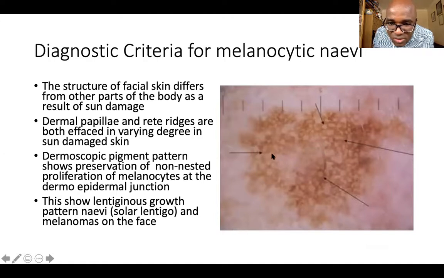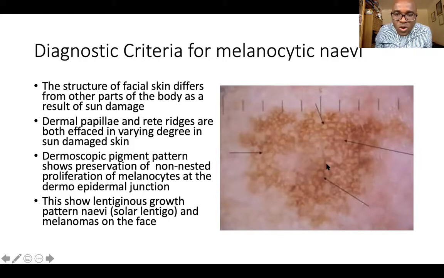So you see all these areas of pale concentric areas in the middle. These are what would have been filled by the hair follicles or follicular ostia, and therefore it looks like a pseudo network. Okay, so pseudo network.